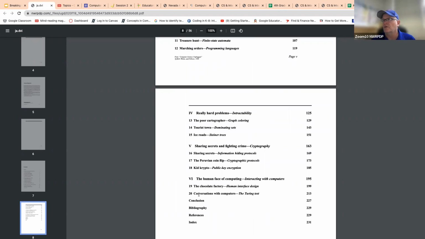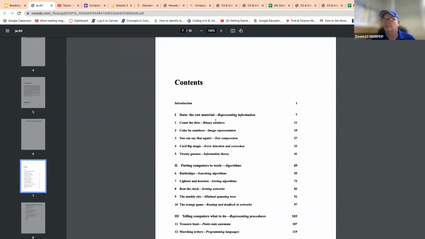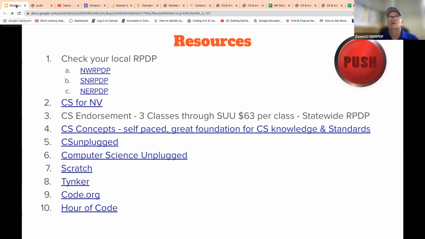I would encourage you to go through and look at that and see what standards they might tie to in your grade level, and get the kids engaged in these unplugged activities where it doesn't require any computer. The nice thing is you don't have to manage a computer and all the stuff that goes with managing a device in your classroom. But certainly I would strongly encourage you to tie in unplugged activities prior to doing the plugged ones as a learning tool for the kids.